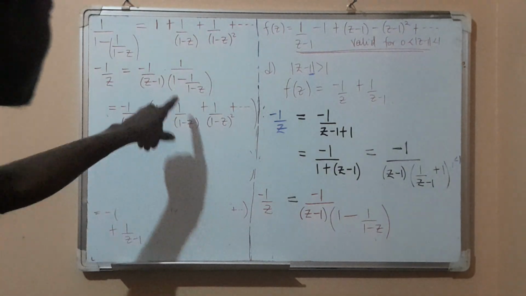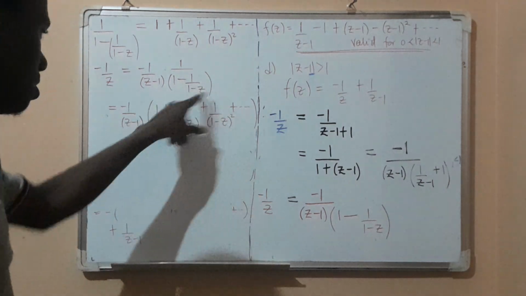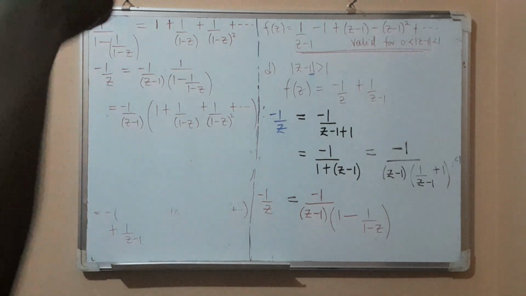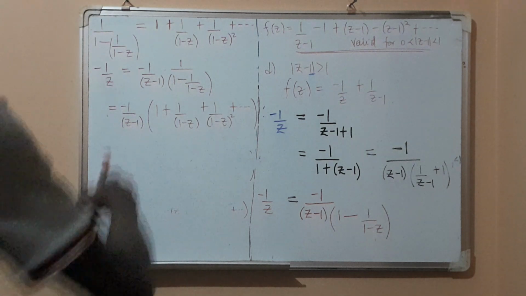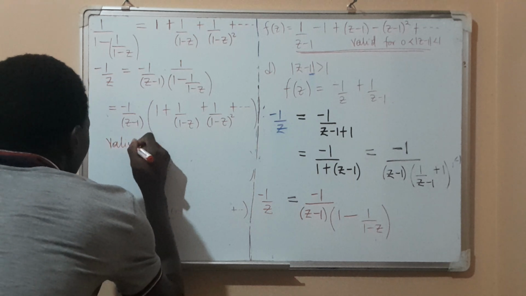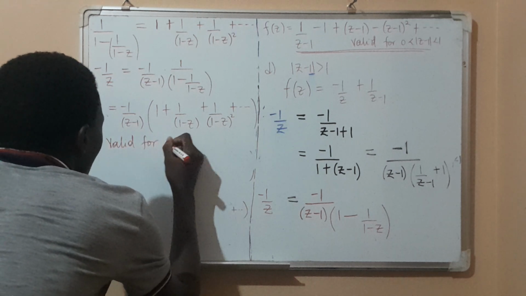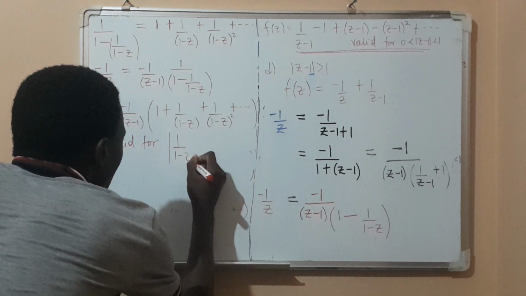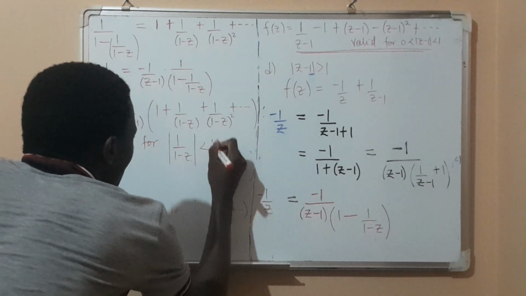So we know that this series represents this GP here. The sum to infinity of a GP is valid for absolute R less than 1. R is this. So this is valid for absolute 1 over 1 minus z less than 1.